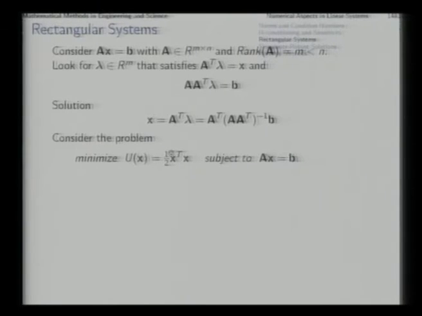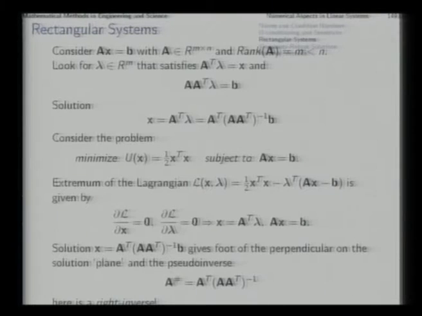If you try to formulate this constraint optimization problem, one possible formulation is to find the extremum of the Lagrangian, that is this objective function minus lambda transpose A x minus b, and the extremum of this Lagrangian is found at that point x and lambda, where the derivative with respect to x and the derivative with respect to lambda, the corresponding gradients are both 0.